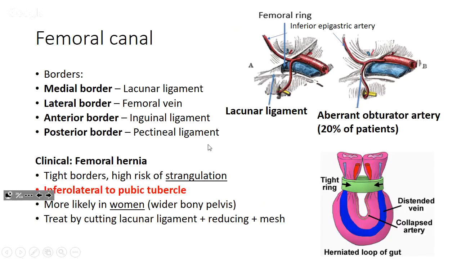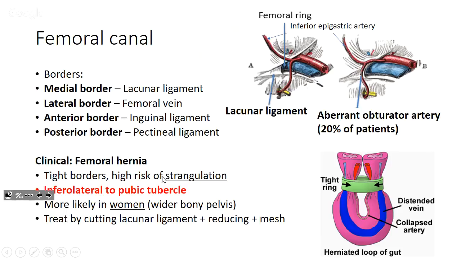Regarding femoral canal, so as you can see, it's a very tight canal, and you've got the medial border, the lacunar ligament, the lateral border as the femoral vein, because it's NAVEL, and the E is the empty space. And so typically during a femoral hernia, there's a real high risk of strangulation.